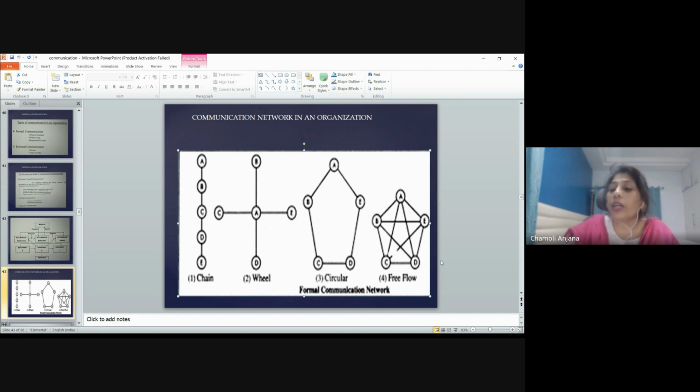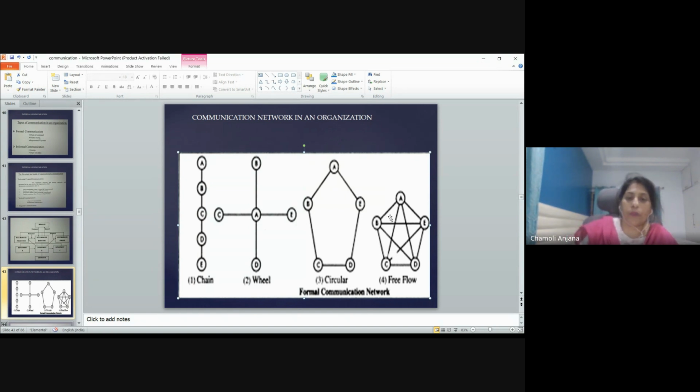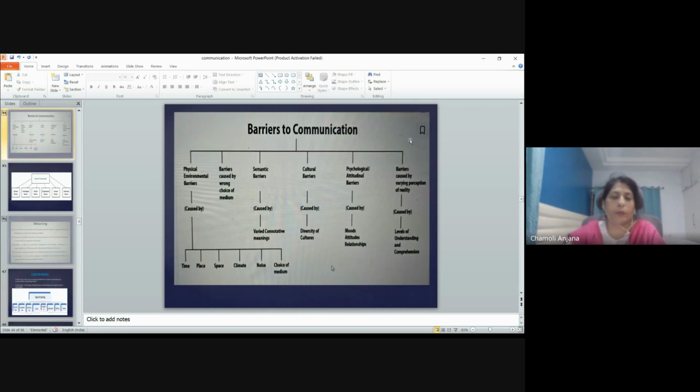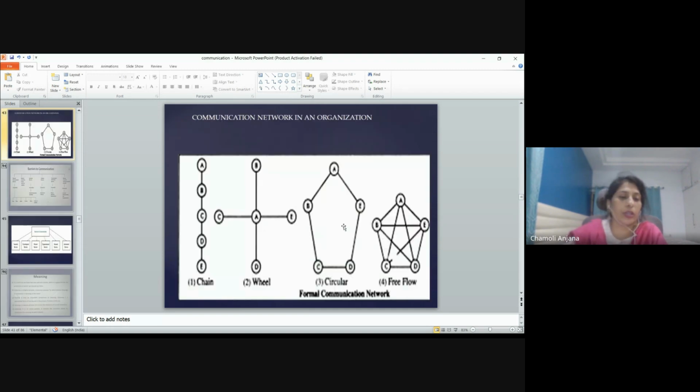So there has to be a controller, who can make sure that this does not become noisy, and every person is given a chance to express their views and discuss everything with the other employees. So this is all about communication in the organization.